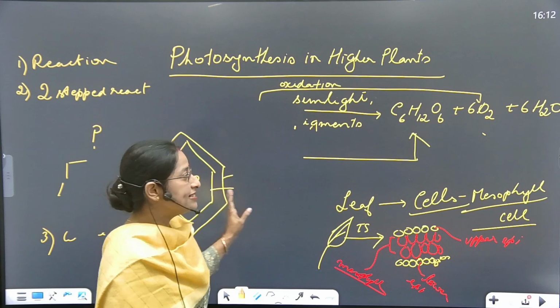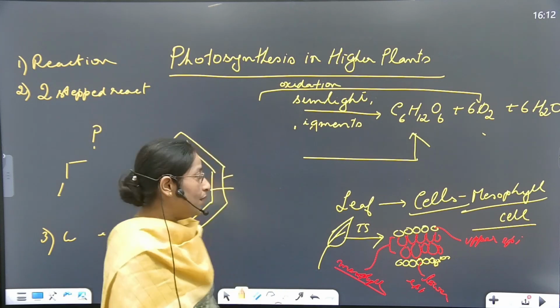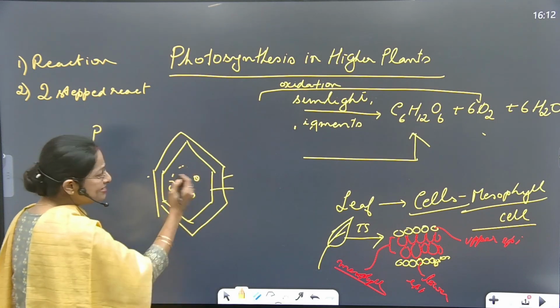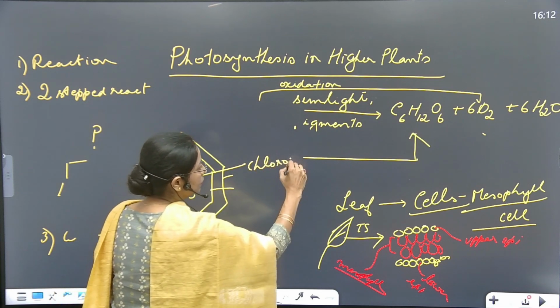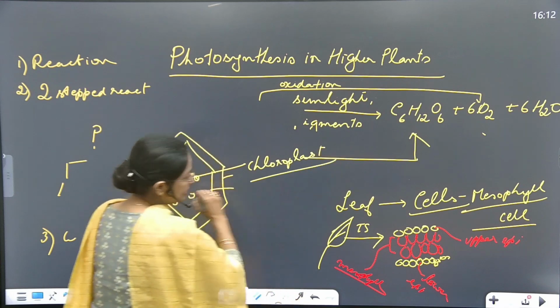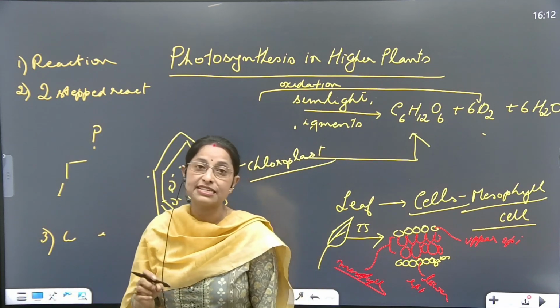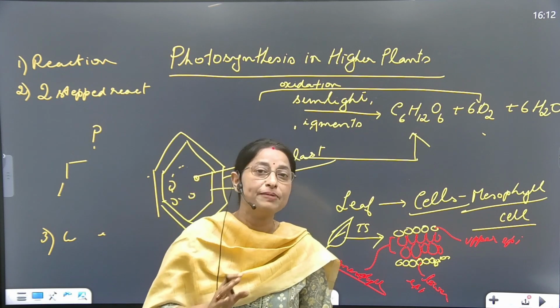So if the question is asked where precisely in the mesophyll cell photosynthesis occurs, we have to know that in this cell we have an organelle called chloroplast. So ultimately what we can sum up is photosynthesis occurs in mesophyll cells, and in the mesophyll cell it occurs in the chloroplast.